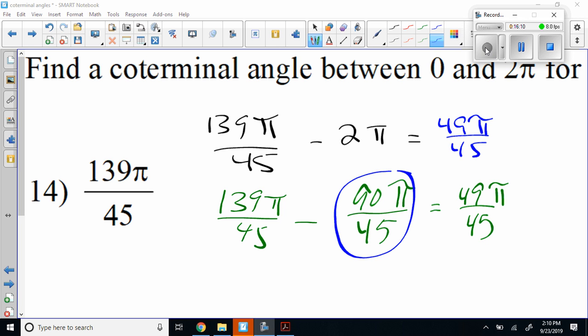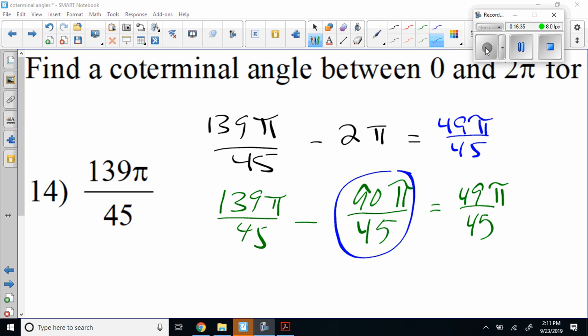All right, y'all see that? Now if I had a numerator greater than 90 pi, I would have to do what? Subtract 90 pi over 45 again, right? But you see how doing it with the fraction makes a little bit more sense? Okay, y'all good?